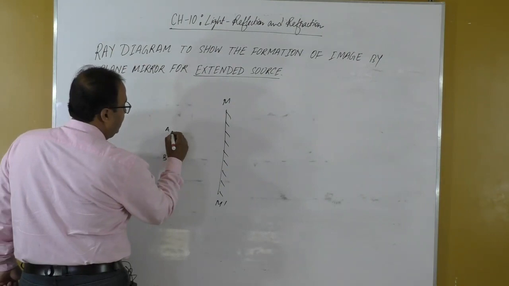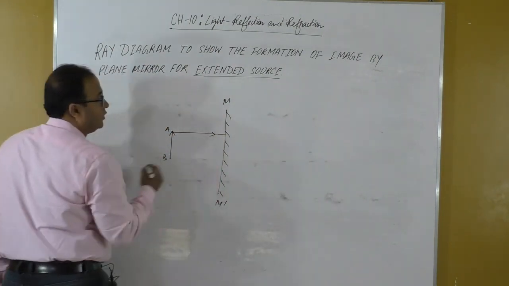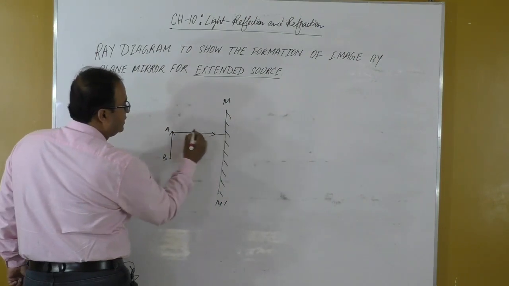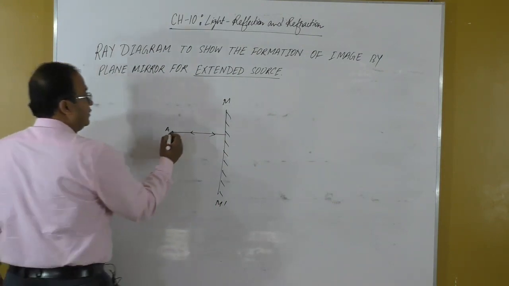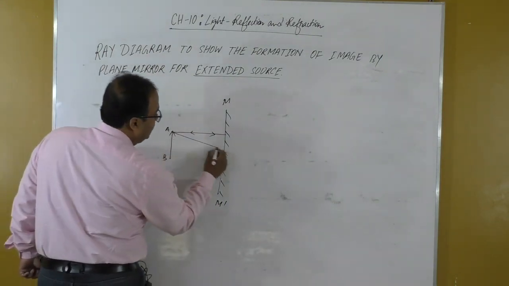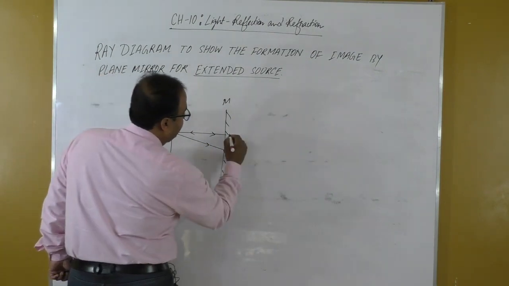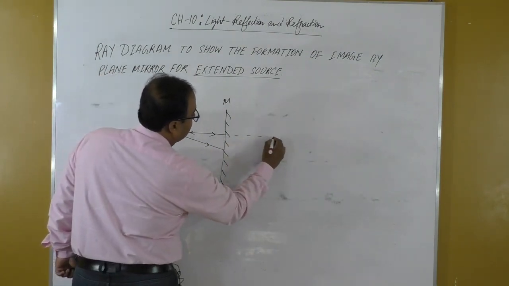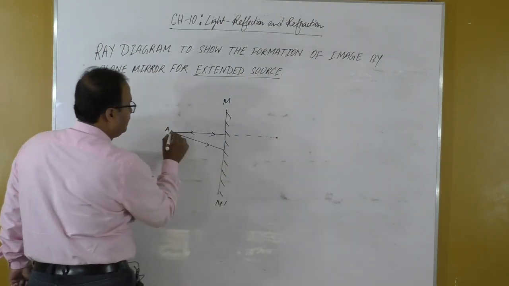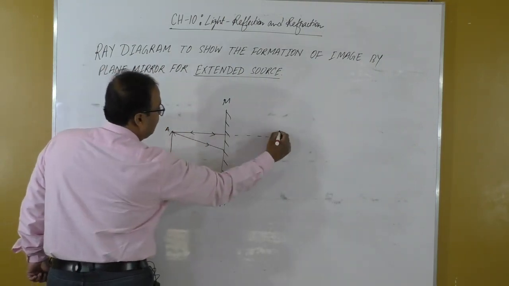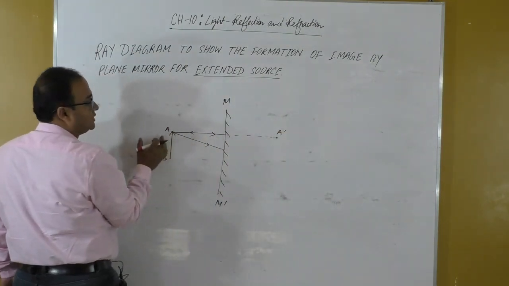So from point A, if I allow a ray of light incident normally or perpendicularly on the mirror, the ray of light will retrace its path. From this point, if I draw a ray of light obliquely, then this light ray will reflect in such a way that, for both the reflected light rays, you can mark a point behind the mirror as A dash, exactly at the same distance as the object is in front.